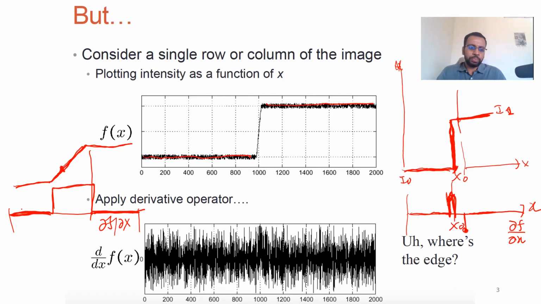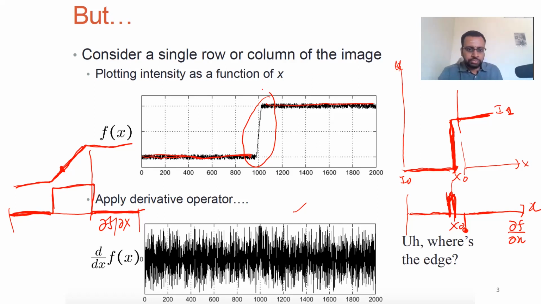But the point I want to particularly convey here is, even by adding a very small amount of noise, this is what the ∂f/∂x you would be getting. While in f of x, it's very clear for us that there is a jump.